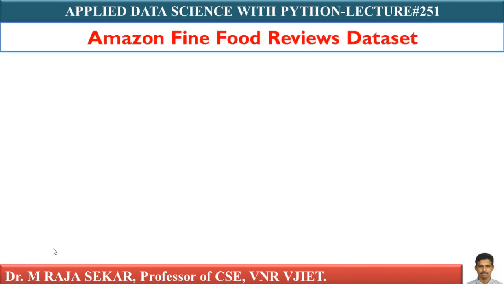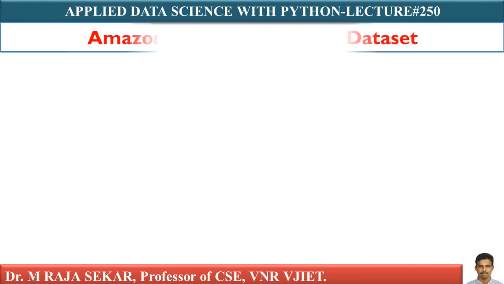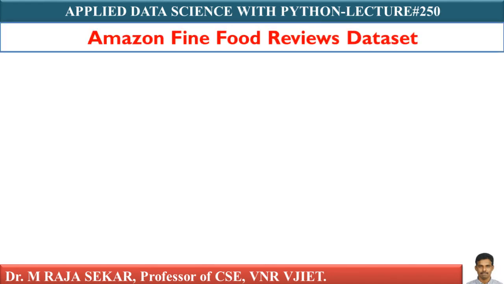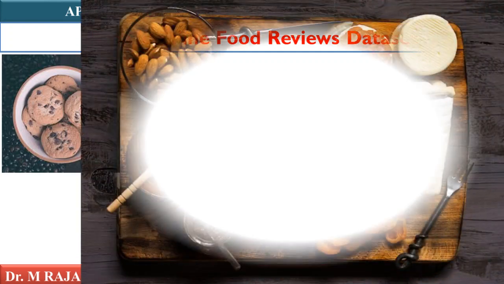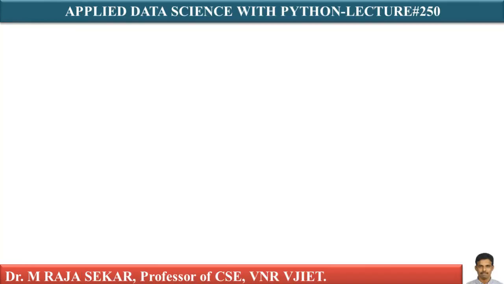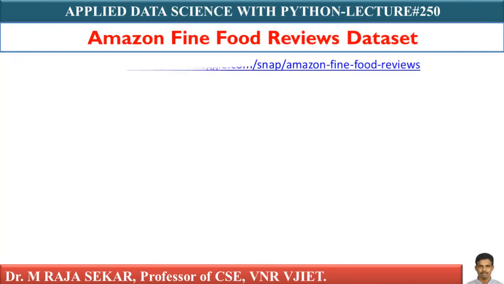In this lecture, I will continue my discussion on Amazon Fine Food Reviews dataset. Let me recall my previous lecture, that is 250. In that lecture, we introduced this particular dataset.